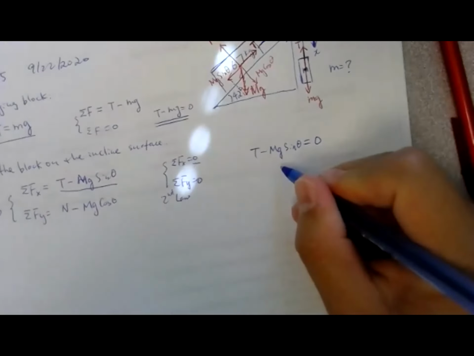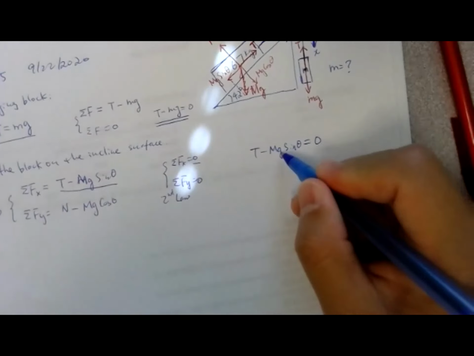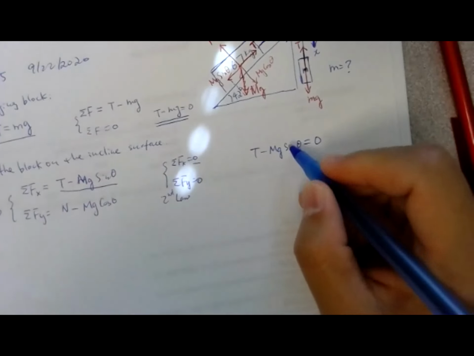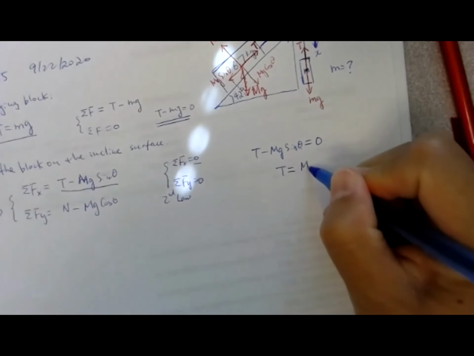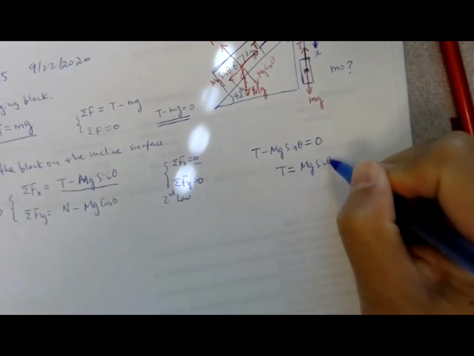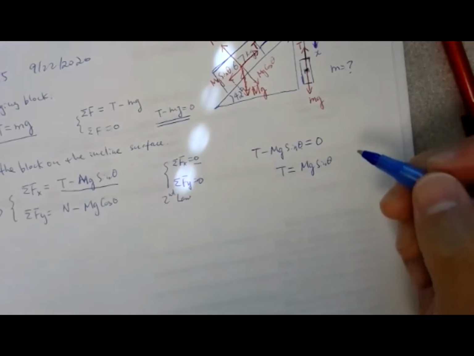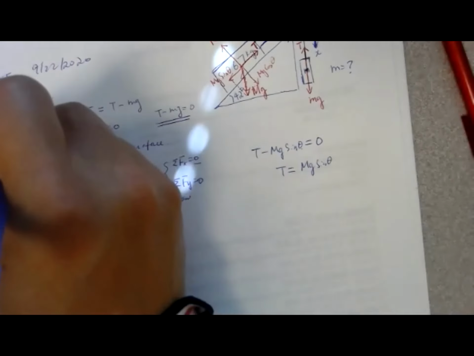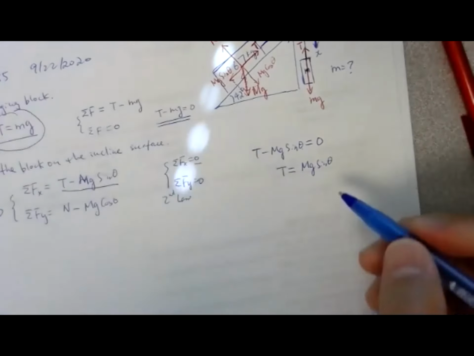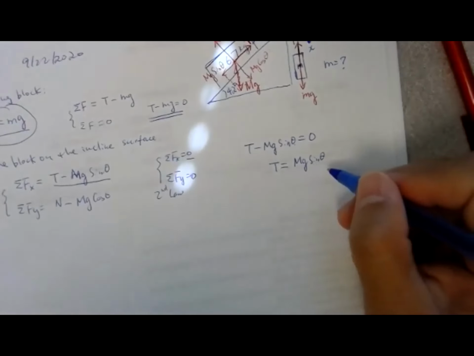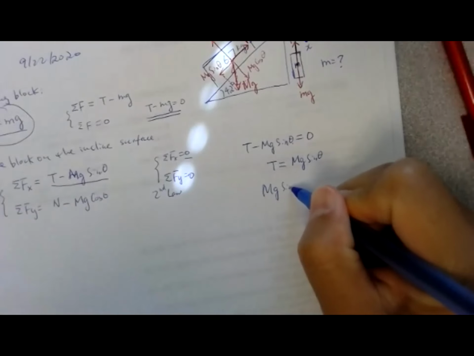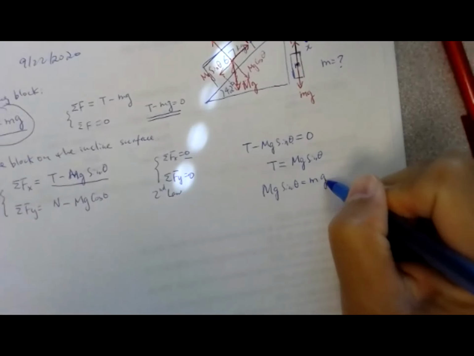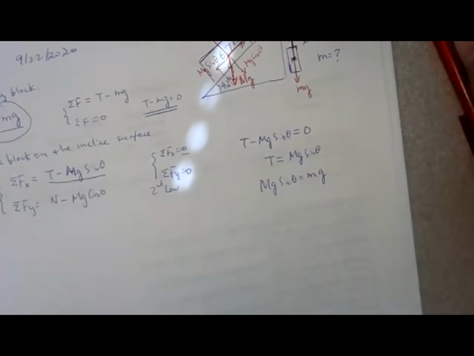All right. So then, because you know capital M, that's given, g and then theta, it's also given, you should be able to solve for T now. So T is equal to capital M g sine of theta. Okay. Now, looking back here, small m times g is equal to T. So then capital M g sine theta is equal to small m times g. Okay.